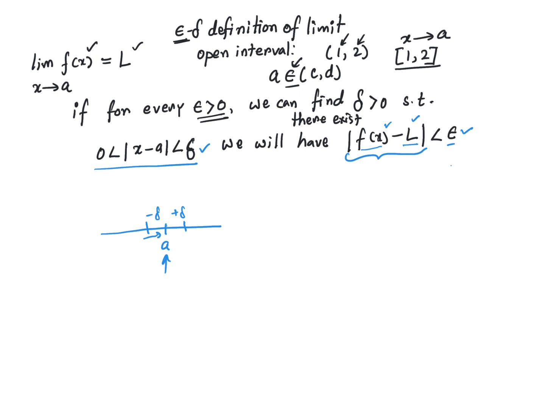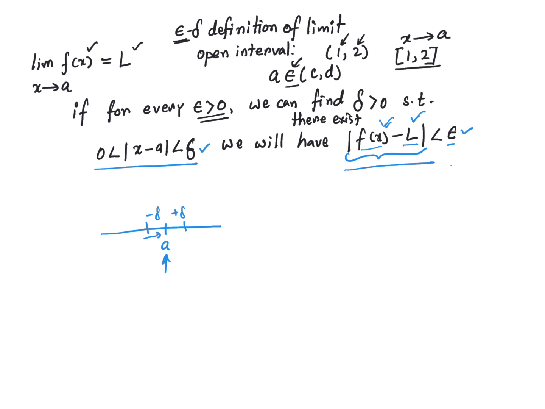It's kind of like the squeeze theorem. You're squeezing the value of the function f and the fixed value L. You want to make their difference as small as you want, and you can make it arbitrarily small. By that, I mean you can make it as small as you wish. There is no limit to it.